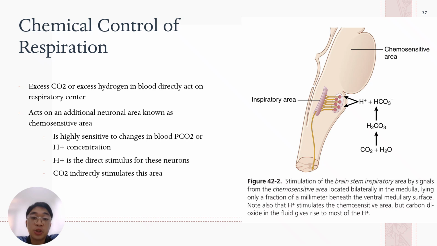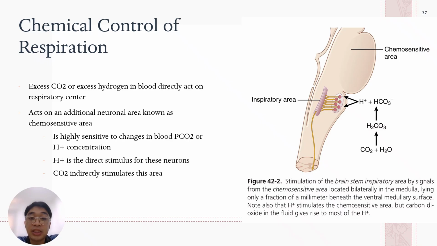Another control of respiration is not only neural control, but also chemical control of respiration. It can be because of excess carbon dioxide or excess hydrogen in the blood that directly acts on the respiratory centers. There is an additional area in the neuronal area known as the chemosensitive area.